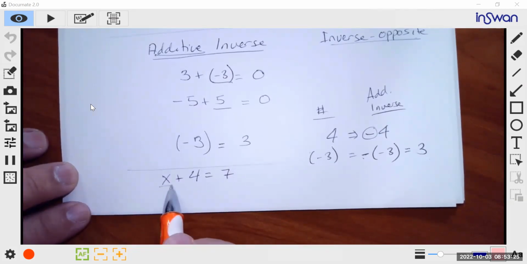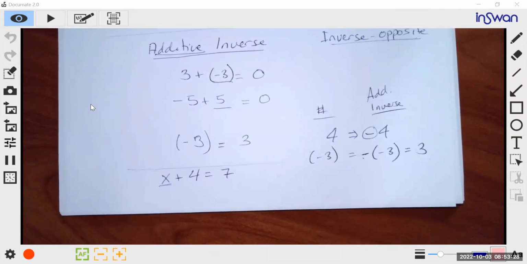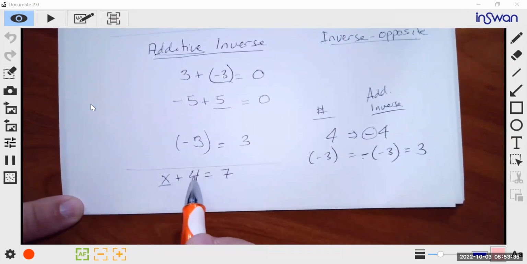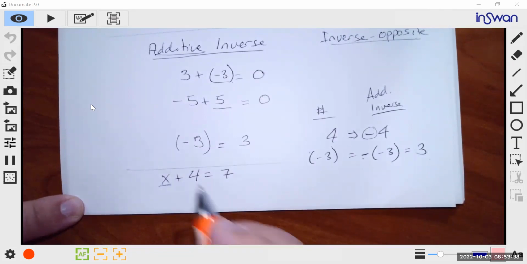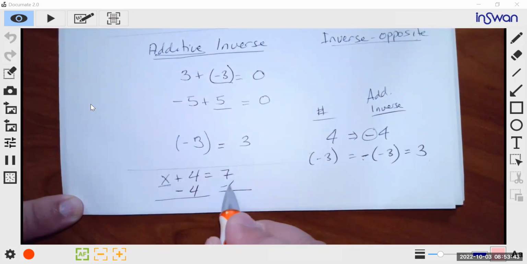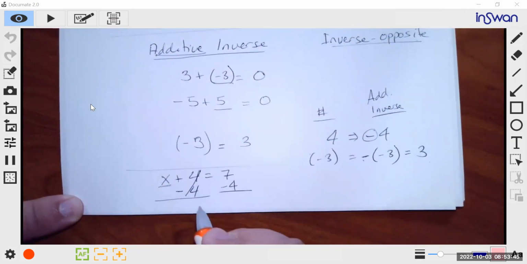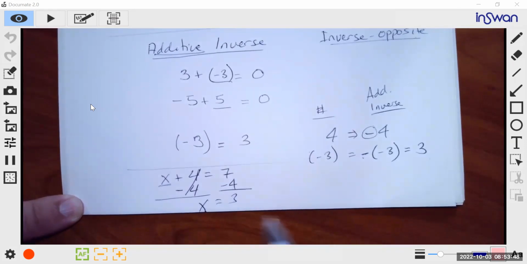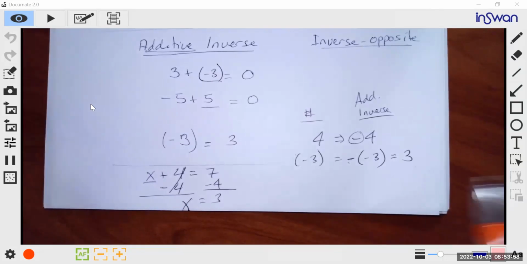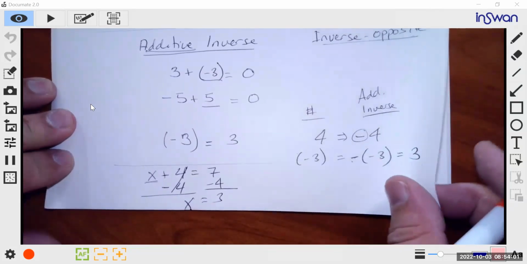So when you solve, you have to get the variable by itself. To get the x by itself, what do you have to get rid of? The +4. What's the opposite of +4? -4. Whatever you do to one side, you got to do to the other. 7 minus 4 is 3. That's why we learn this kind of stuff, because we're going to put it together with other rules. Now we're going to start solving things. So that's what the additive inverse is.